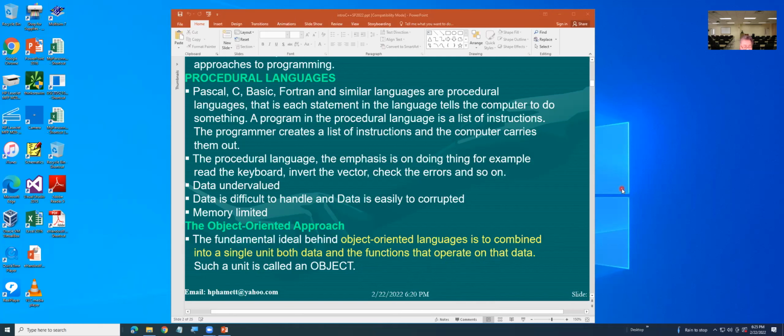If you go to an ATM, okay, it will display: you want to deposit, you want to withdraw, or you want to transfer. That is a function. And what is the data?